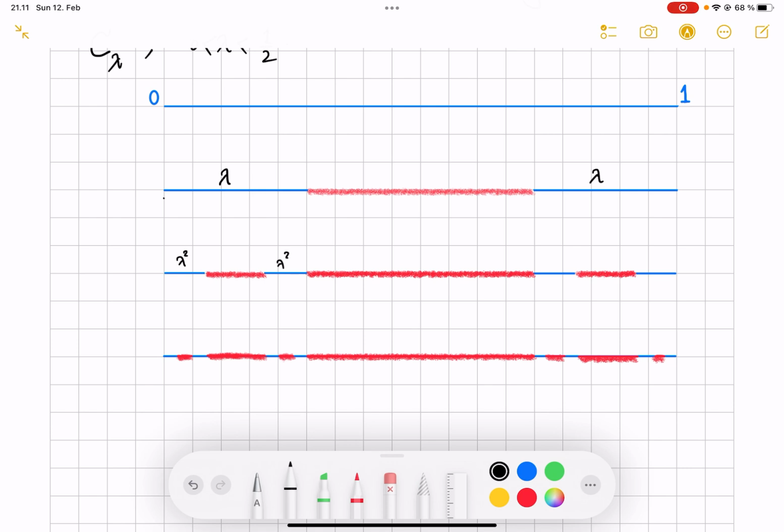So the blue here, you remove the middle, so you end up with two new intervals, and you keep going. So our Cantor set will be the blue set, the set of points that survive all stages and all removals. The red intervals, which are the removed intervals, are going to be the complement of our Cantor set.